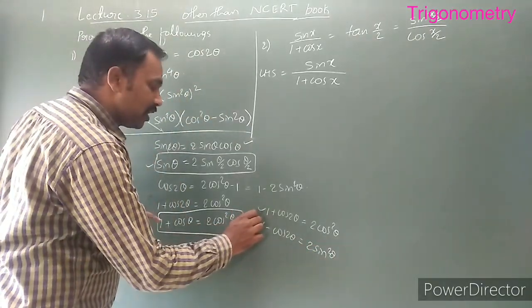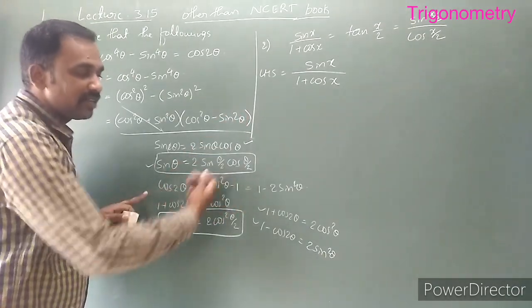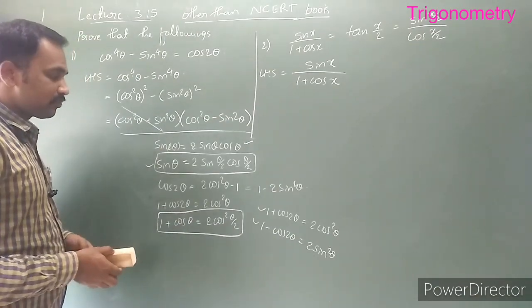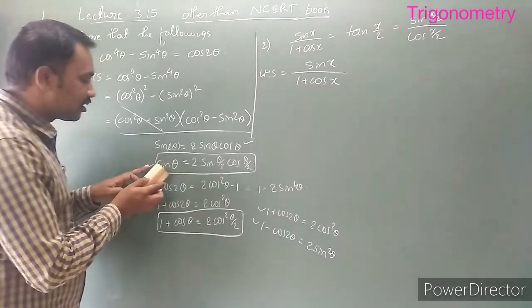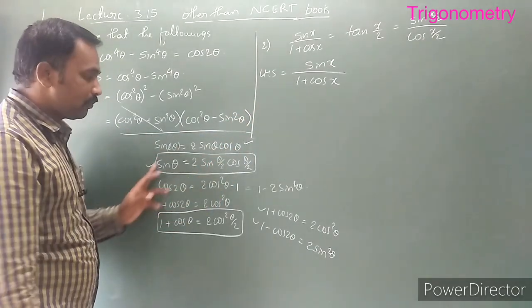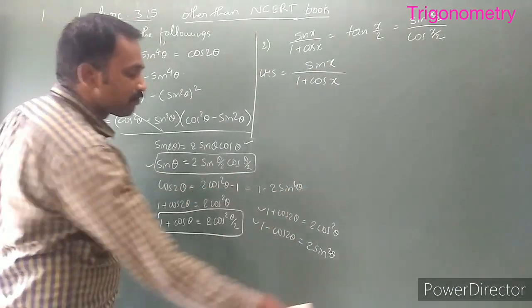We already know these formulas. With the help of the cos of 2 theta, this one only we can rewrite and get the result. Here I am just using the values: sin x as this one and 1 plus cos x as this one. If you need to note these formulas, pause the video and note them.